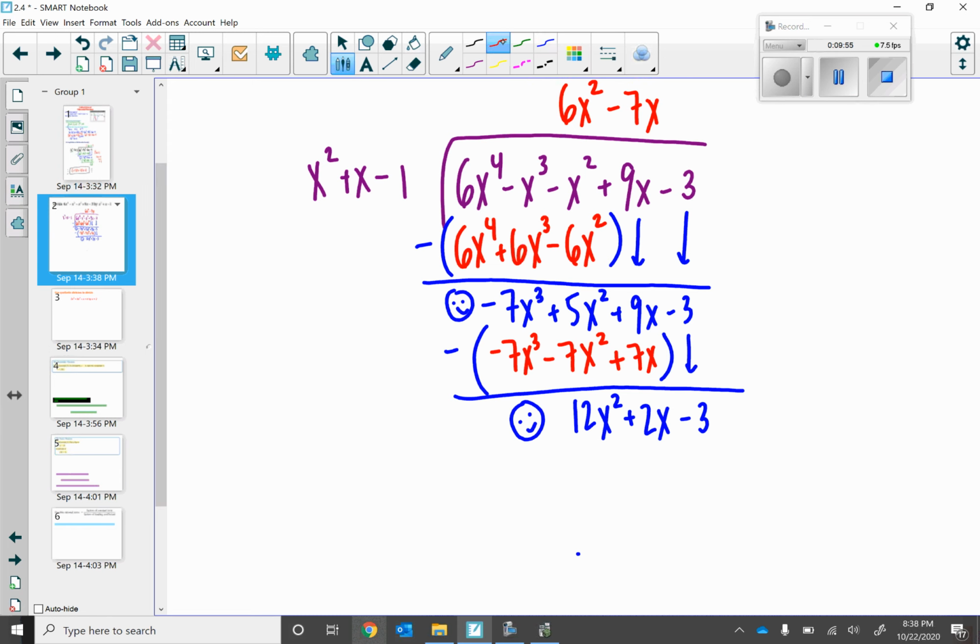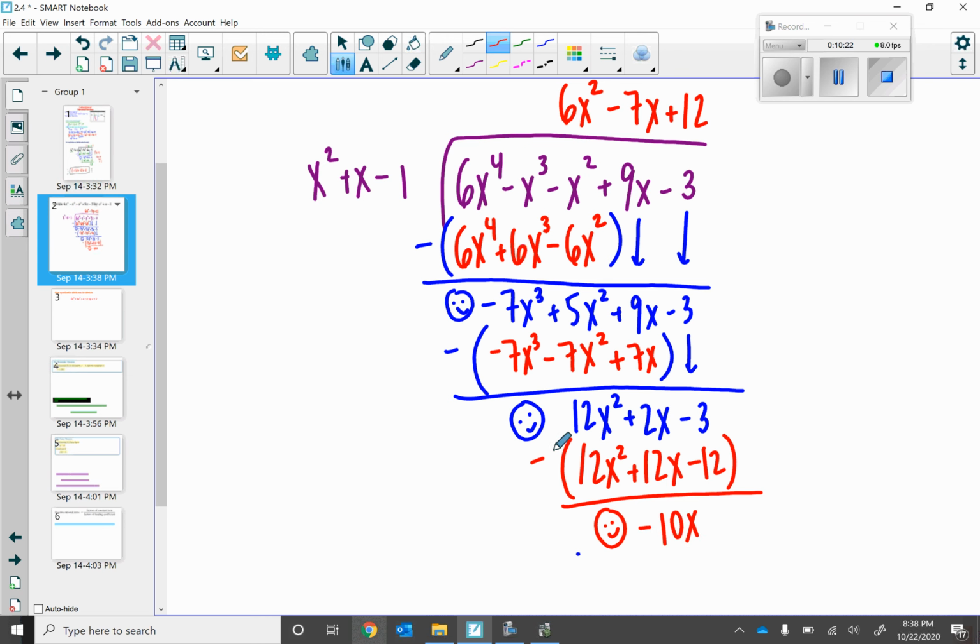So what do I multiply x squared by to get 12x squared? Well, that would be a 12. So 12 times x squared is a 12x squared. 12 times x is a plus 12x. And 12 times negative 1 is a negative 12. We are subtracting this entire thing. 12x squared minus 12x squared is 0. 2 minus 12 is a negative 10x.